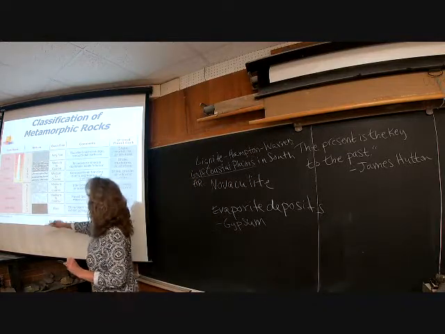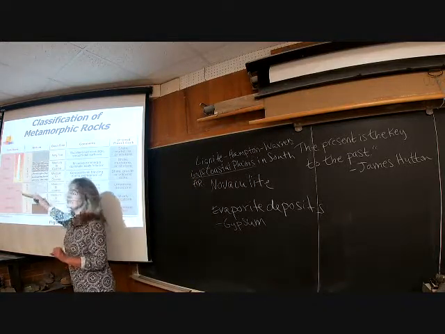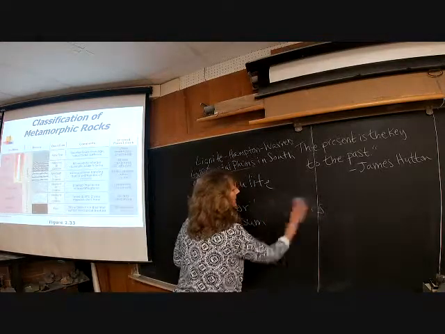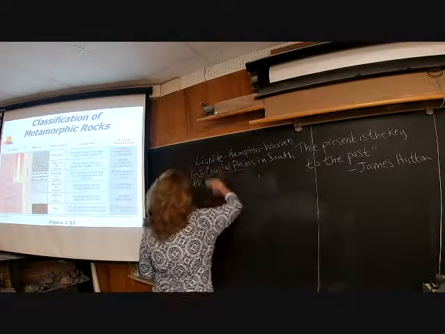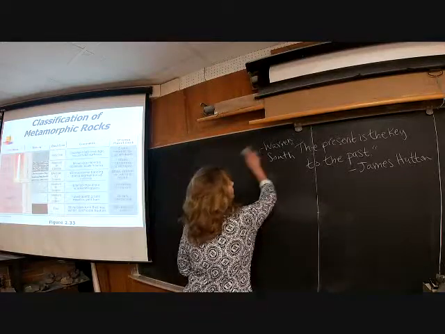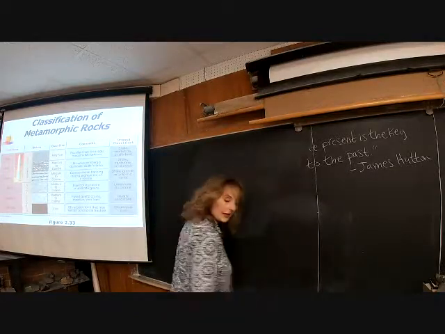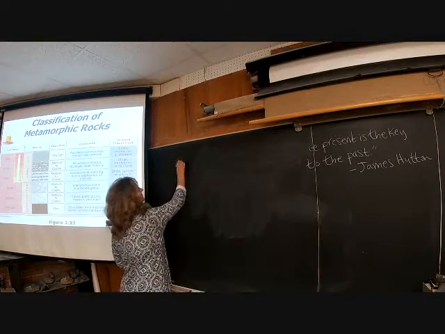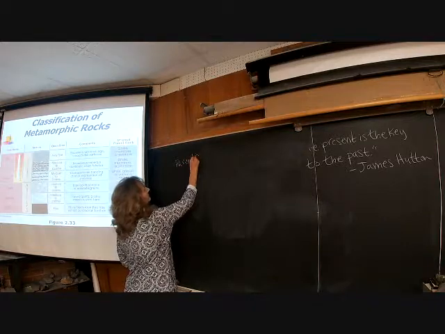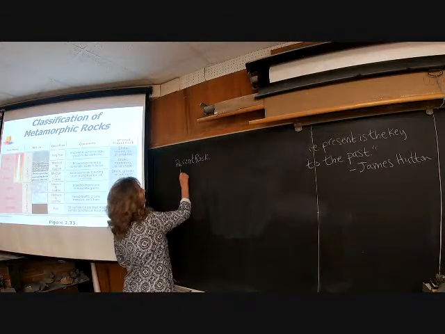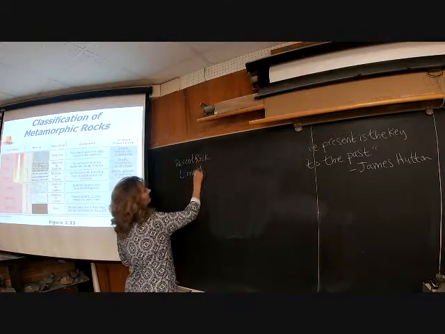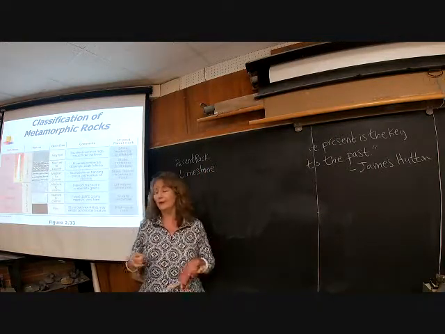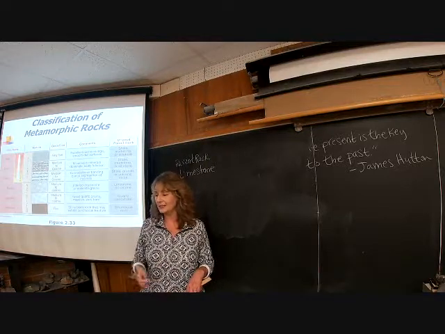So here, if we took and had the parent rock of limestone, okay, let me write that down for you. Say our parent rock is limestone. So remember, limestone is a chemical sedimentary rock, right? And that's like our parent.